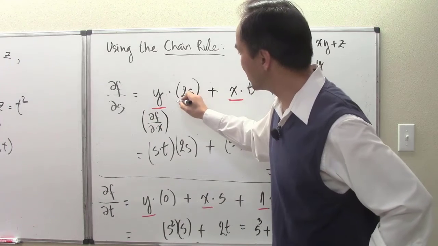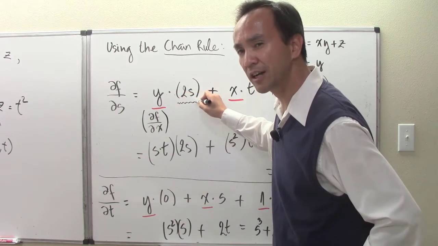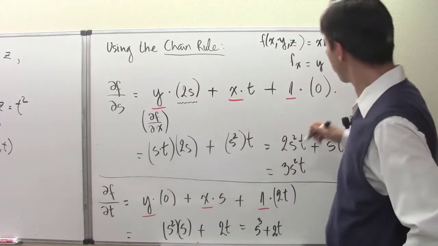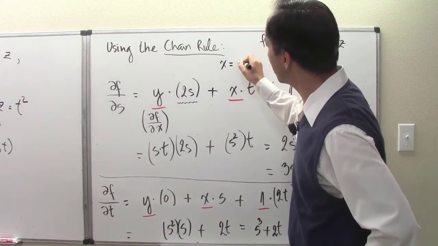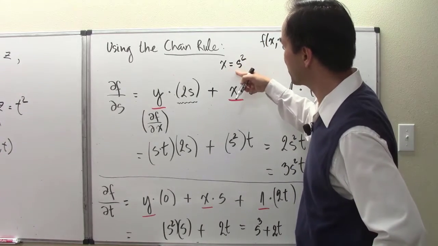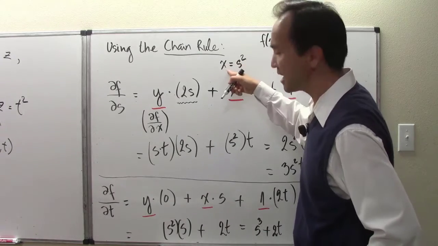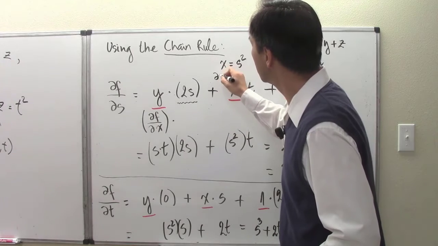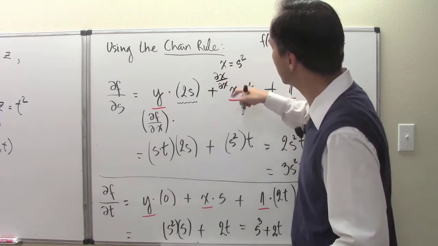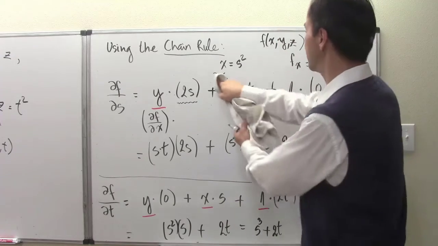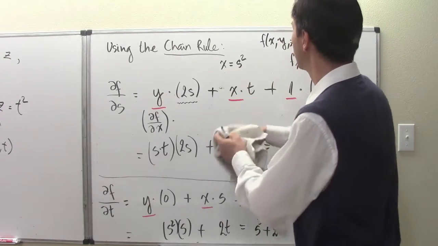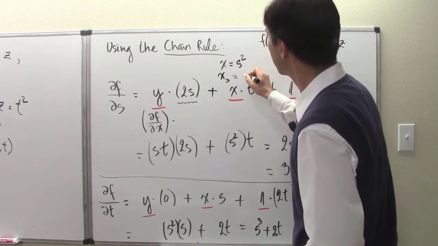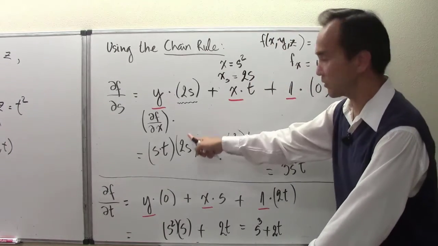So now what about the 2s that I'm underlining with the squiggly black line right here? Well, x itself was defined as s squared. So if I'm treating x as a function of s and t, then this is really dx ds, the partial derivative. I should have written x_s equals 2s, and that's what explains this 2s right here.